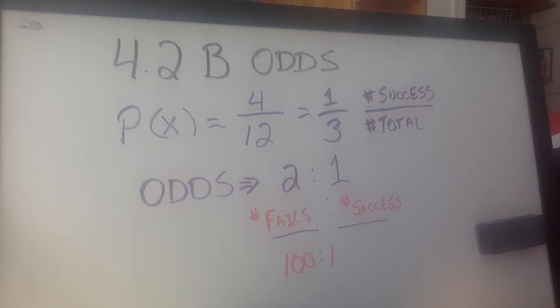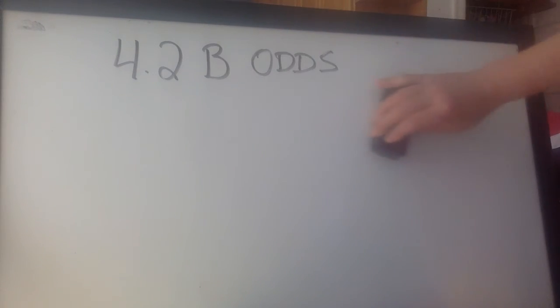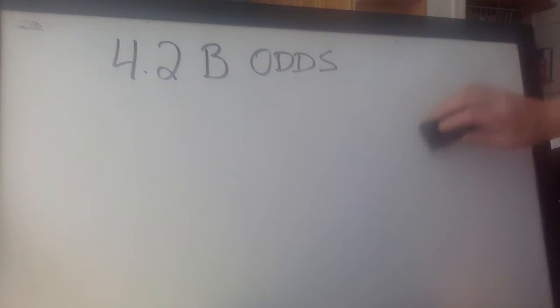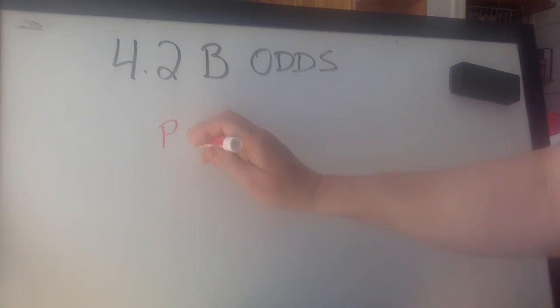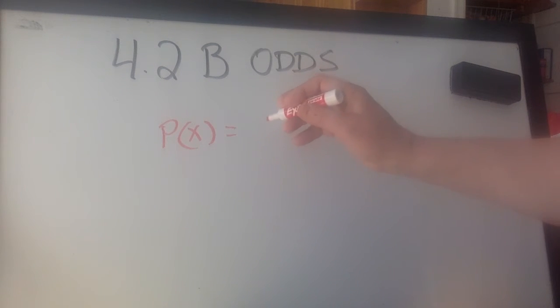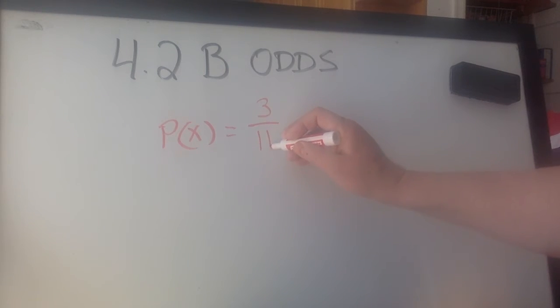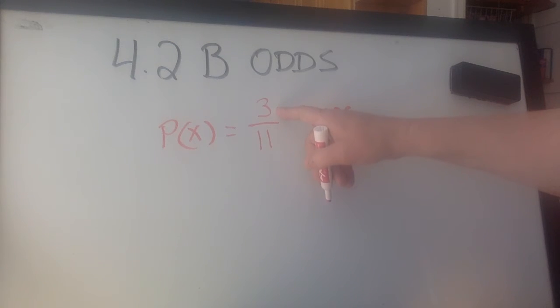So let's do a couple of practice problems, and we'll try to go frontwards and backwards with this. In other words, if the probability, and we won't reduce these, is 3 out of 11, what are the odds? They were successful 3 times, so that goes second.